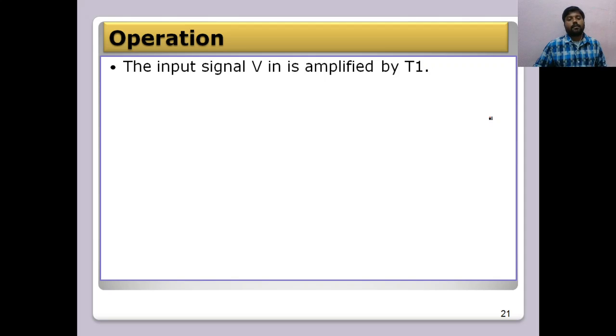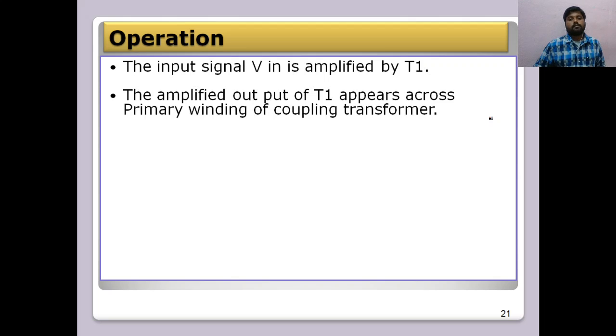Let us go to the operation of the transformer coupled amplifier. The input signal V is applied to the transistor T1, which amplifies it. The amplified output of transistor T1 appears across the primary winding of the coupling transformer.